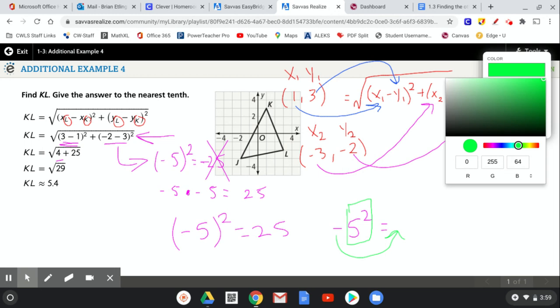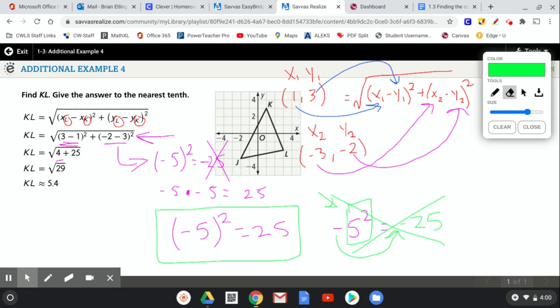So make sure that you are doing it this way and you're plugging in your calculator with parentheses, because if you do it this way, all right, you are going to get negative 25, and that is what we don't want. So just be very careful when you're plugging it in your calculator, okay, guys?